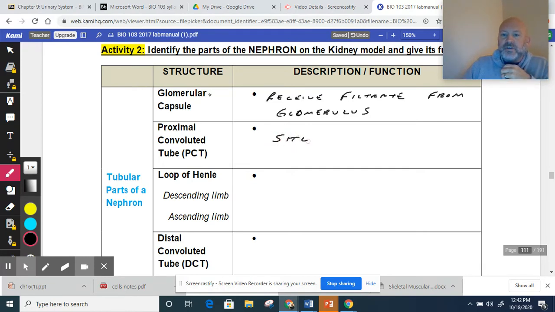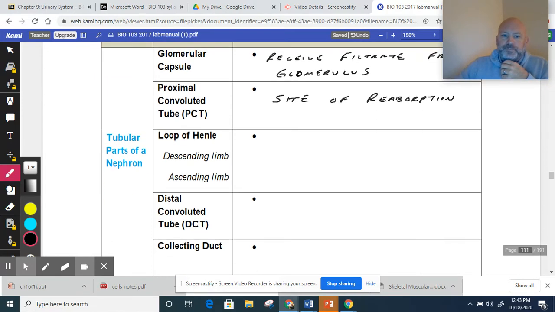So this is the site of reabsorption, right? Remember, the cells in the proximal convoluted tubules have those microvilli that increases the surface area available for pulling those nutrients back. So that's all called reabsorption.